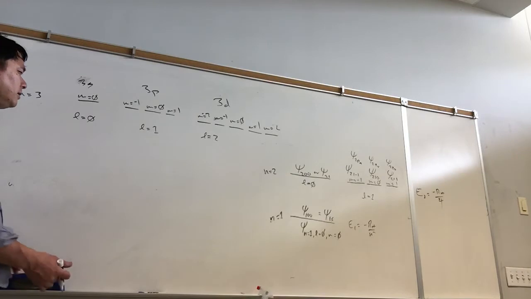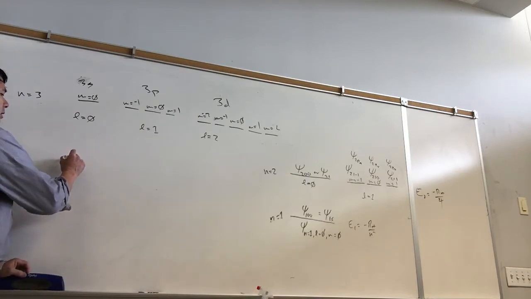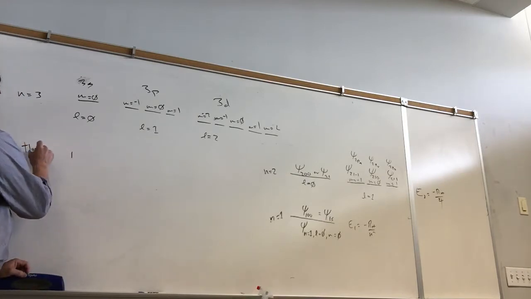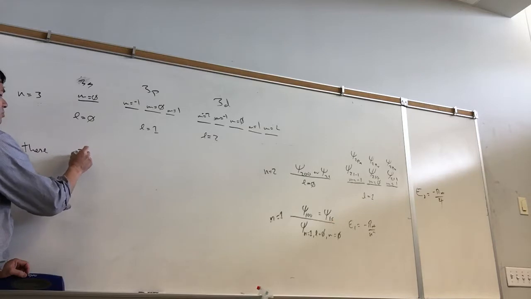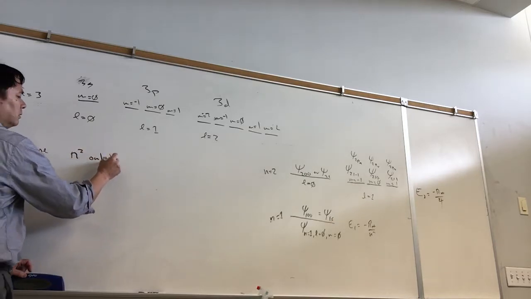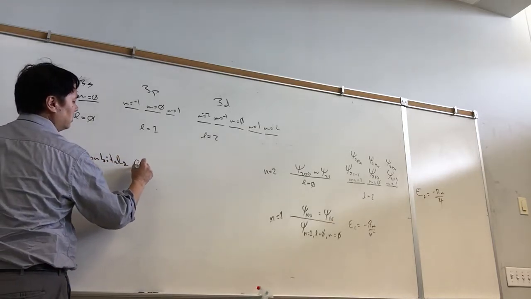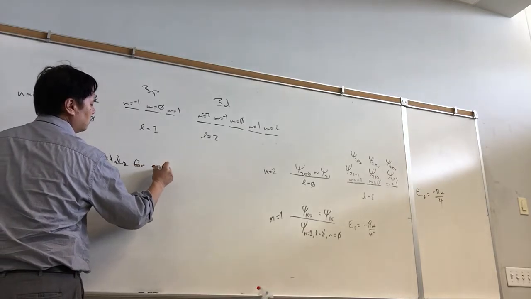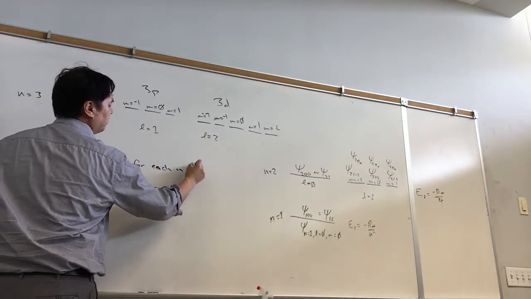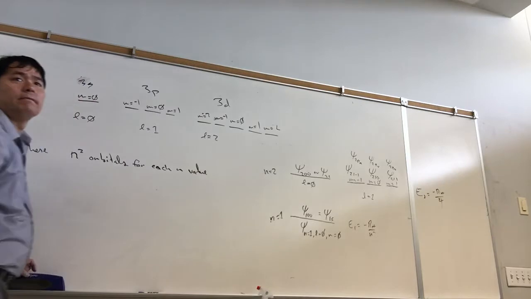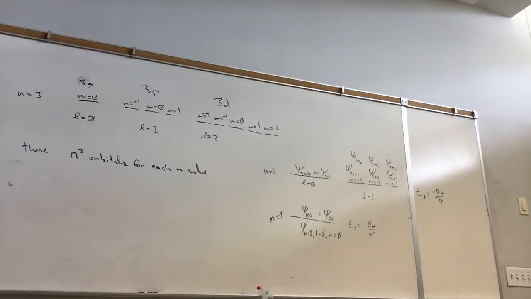And so the pattern is that there are n squared orbitals for each n value.